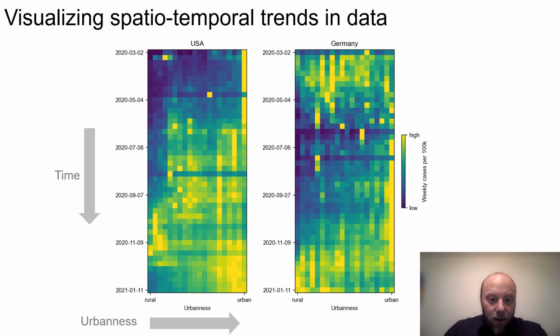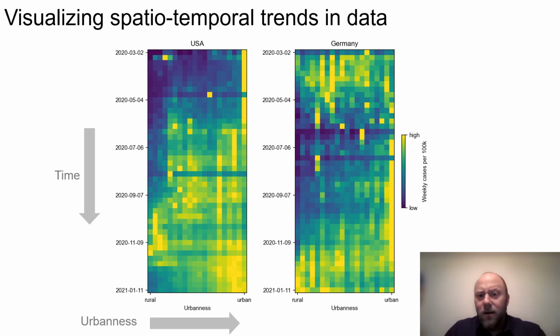And by November 2020, we actually had the highest infection rates in very, very rural parts of the country. And then again, towards the end of the year 2020 and early 2021, we had the highest infection rate in rather urban environments, right?